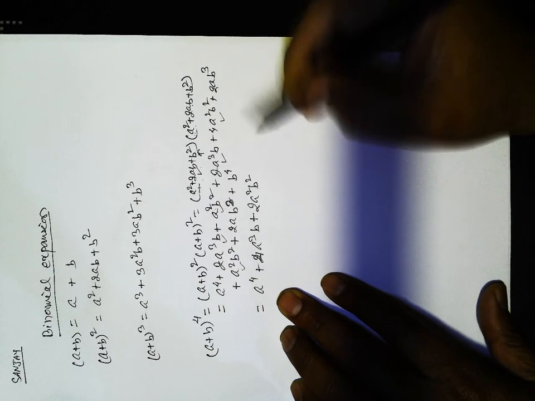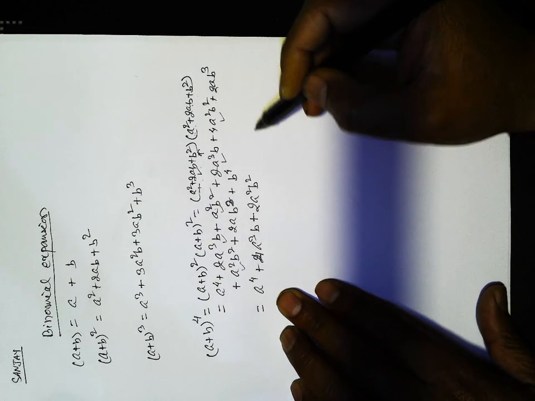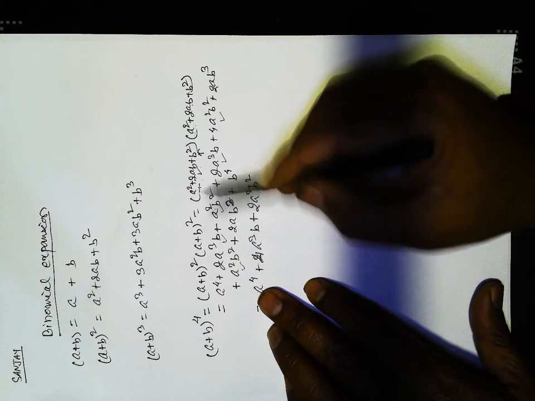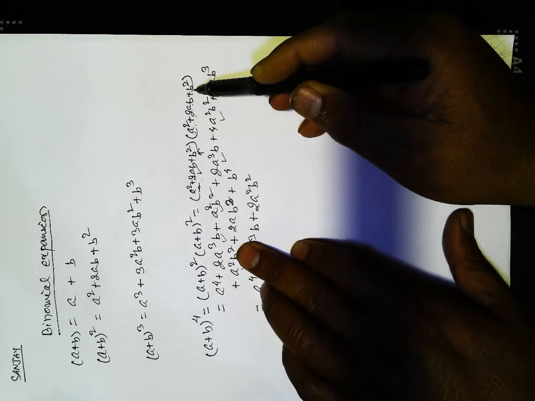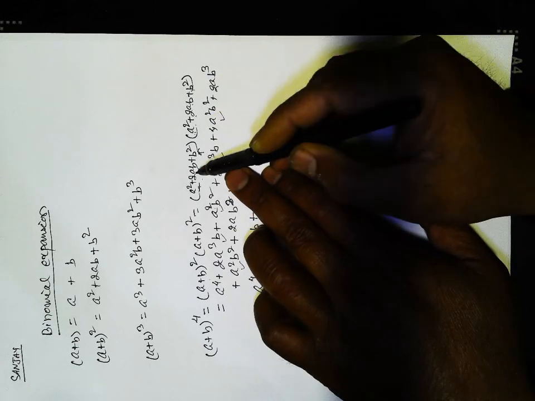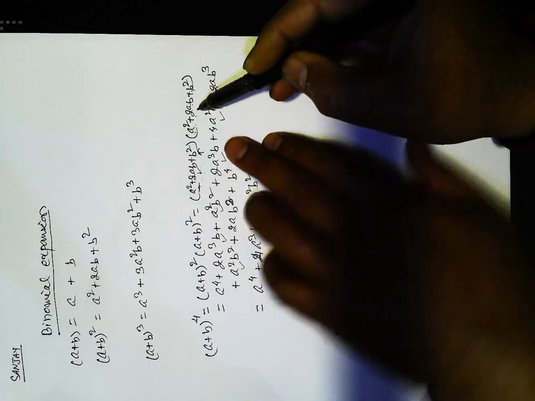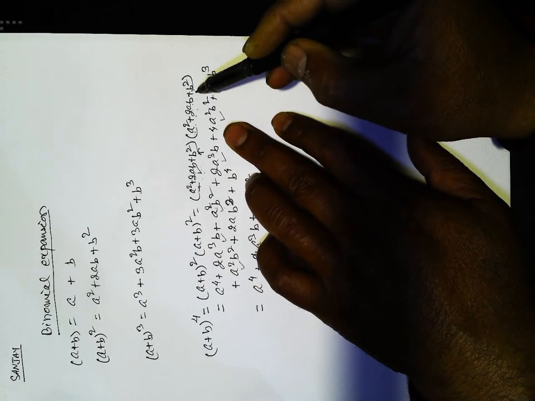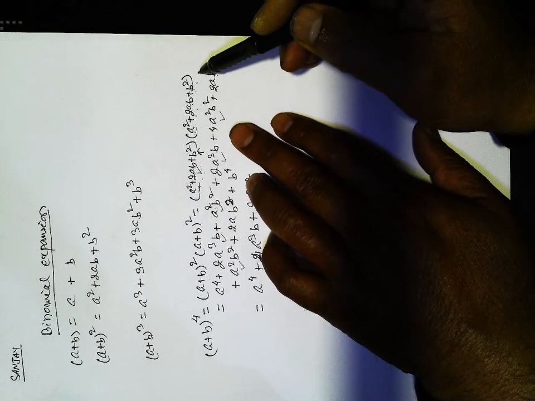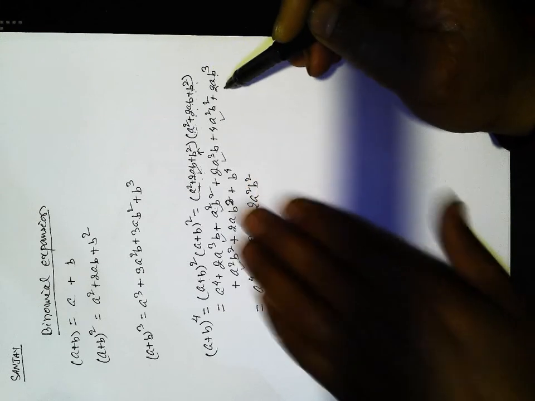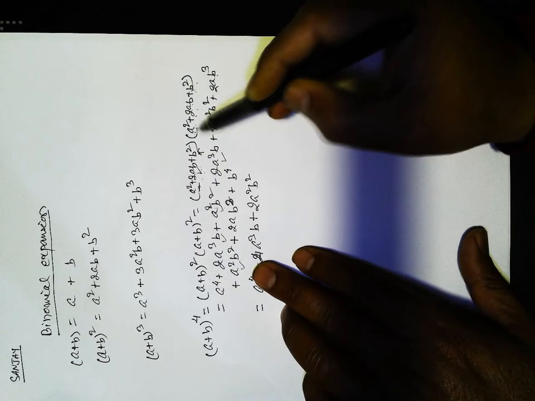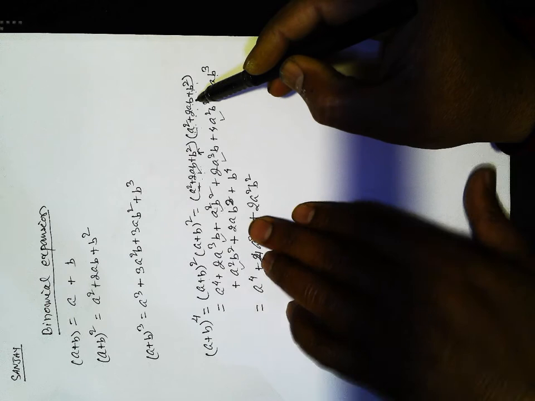Now we are working with this a squared and b squared, so let's check again. It is a to the power 4, 2a cubed b, plus a squared b squared, plus now 2a cubed b, then 2 times 2, 4 a squared b squared, then 2ab cubed, then it goes with b squared, so it is a squared b squared, then 2ab cubed, then b to the power 4.